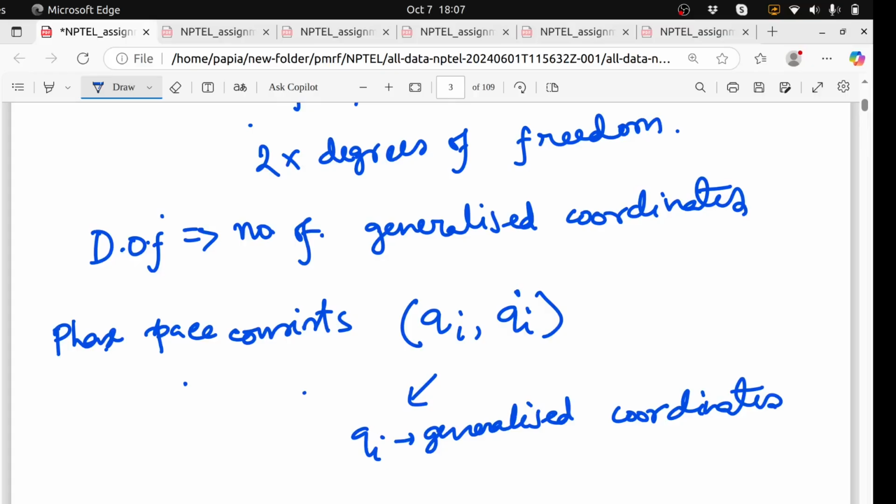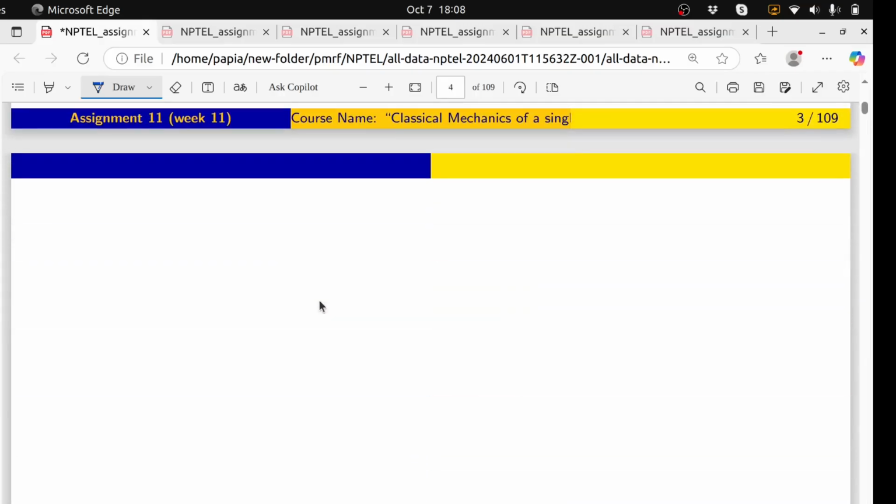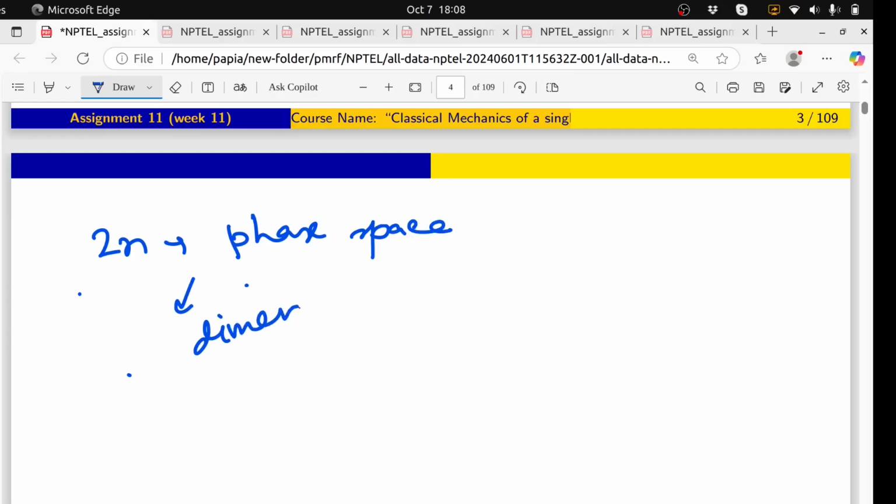So if I have, let's say, n generalized coordinates, then I will have a 2n-dimensional phase space. The dimension of the phase space will be 2n.